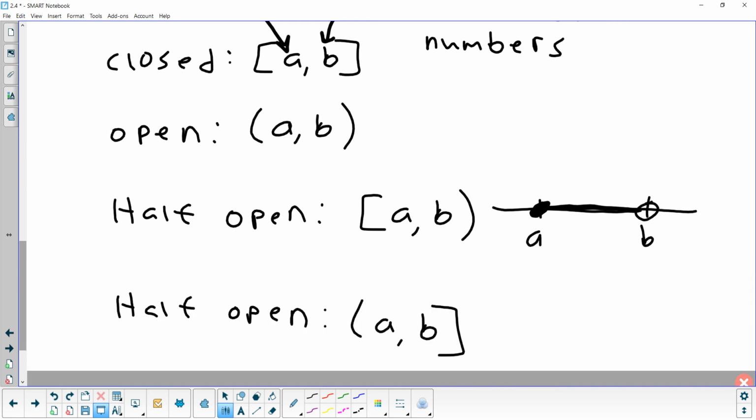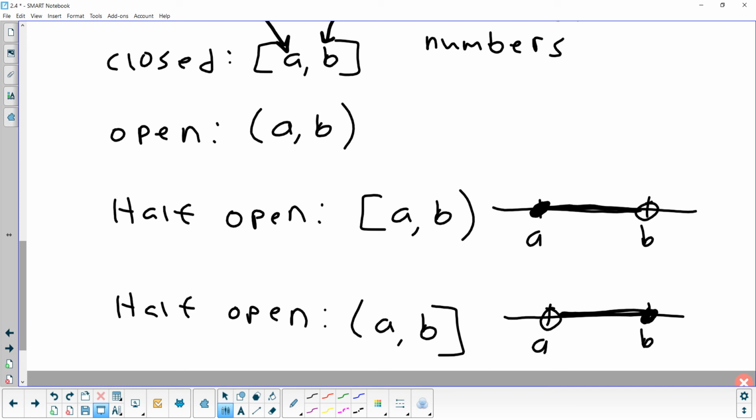I'm not going to graph all of them, but I'll graph a couple. This bottom one is also a half-open interval. This time, you are not allowed to include A, but you are allowed to include B. So we can have a fully open, a fully closed, or half open, half closed interval.